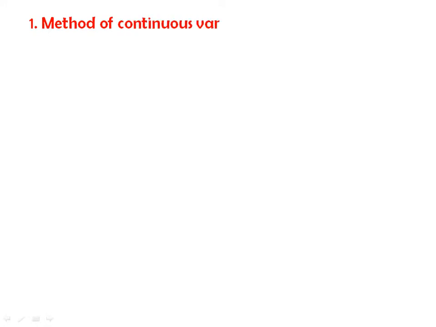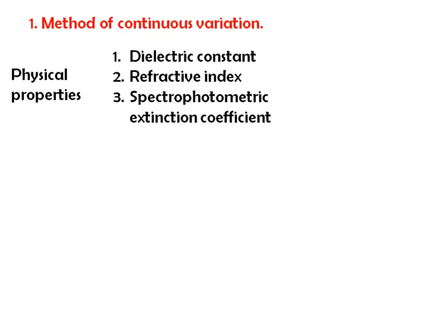Now we'll discuss the method of continuous variation. This is also known as Job's method. Physical properties like dielectric constant, refractive index, spectrophotometric extinction coefficients, these are the physicochemical properties, and they are characteristic of a particular species.